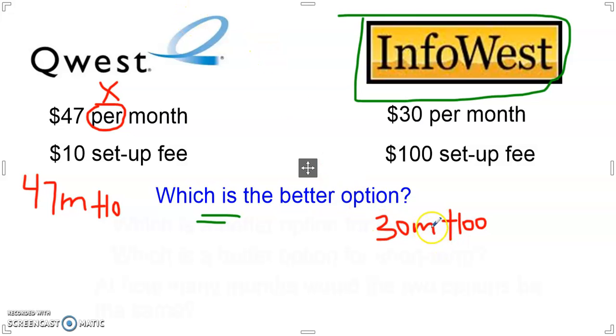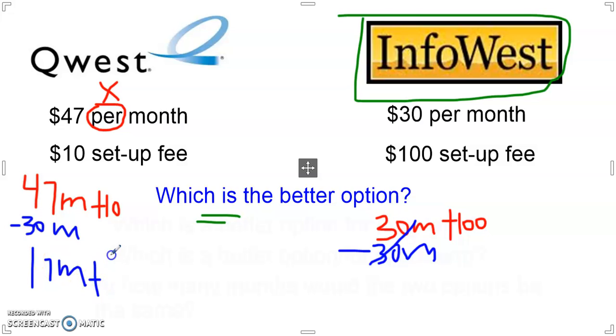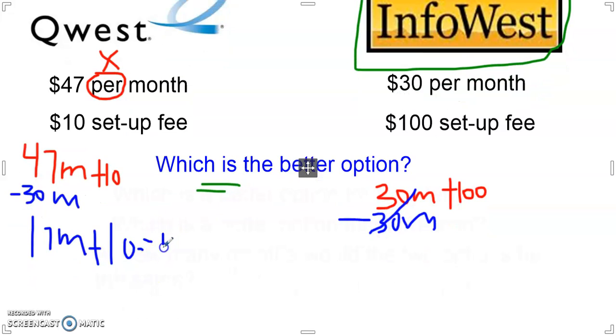So remember, we've got to put our m's all on the same side. So let's go ahead and subtract 30m on both sides. Those will cancel. 47 minus 30 is 17m plus 10 equals 100.